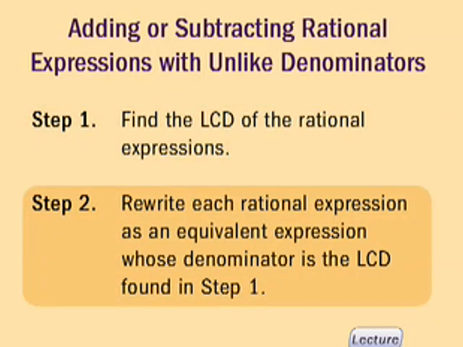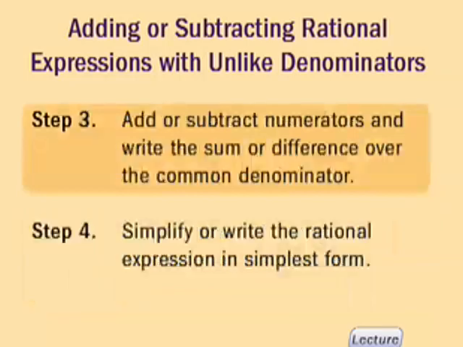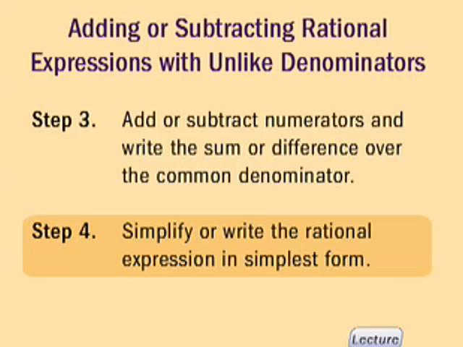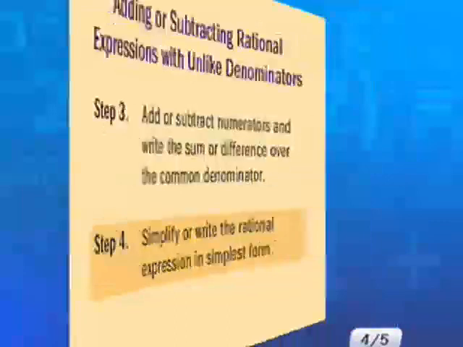Step 2, rewrite each rational expression as an equivalent expression whose denominator is the LCD found in Step 1. Step 3, add or subtract numerators and write the sum or difference over the common denominator. And then Step 4, simplify or write the rational expression in simplest form.